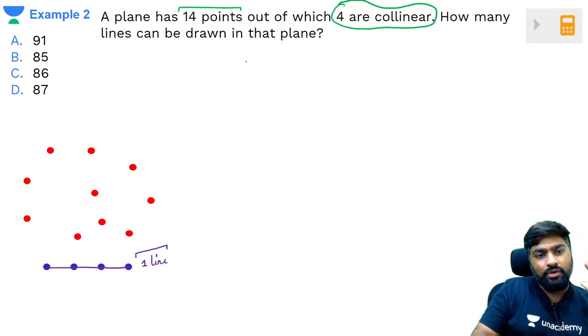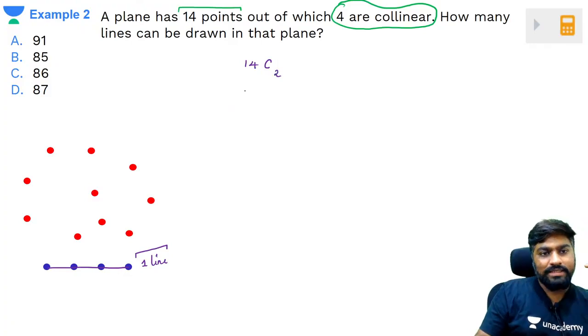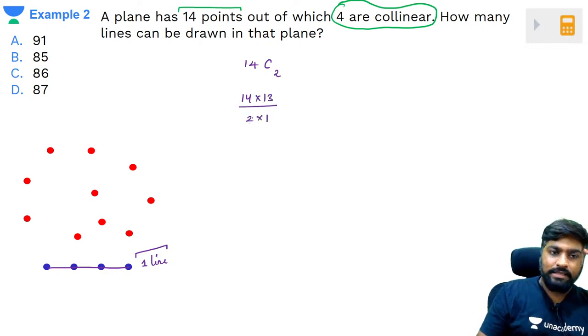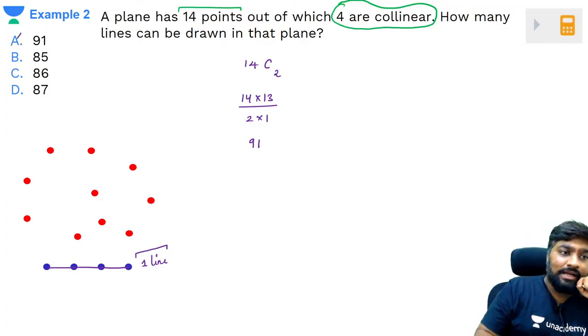So we would have total 14 points that are non-collinear, out of which we need to select groups of 2, correct? 14C2, which is how much? 14 times 13 by 2 factorial. That's 13 times 7, 70 plus 21, 91. But I know that there will definitely be less than 91 lines. Why? Because 91 is when all 14 points are non-collinear.